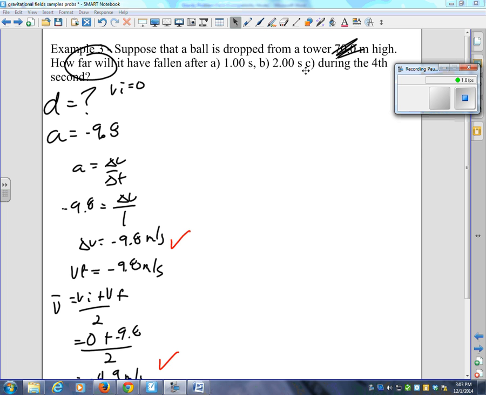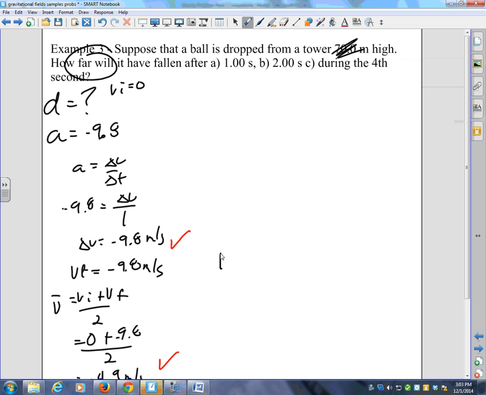The first one we did, right? How would you do part B after 2 seconds? You would do exactly the same thing, except you'd have a 2 in there. You could probably do it in your head. VF is going to be, put a 2 in there, minus 19.6.